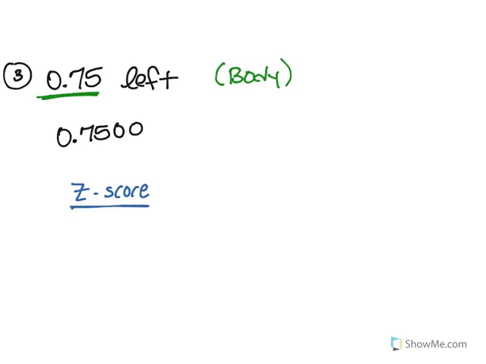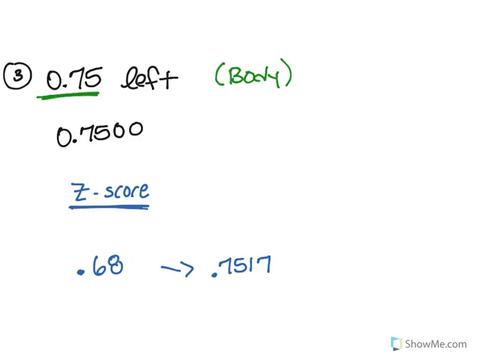When I look on the table, the very first 75 number I see in the body is 0.7517, and that goes with the corresponding z-score 0.68.